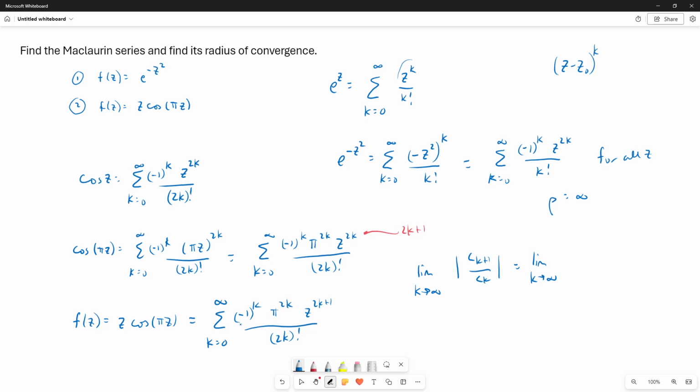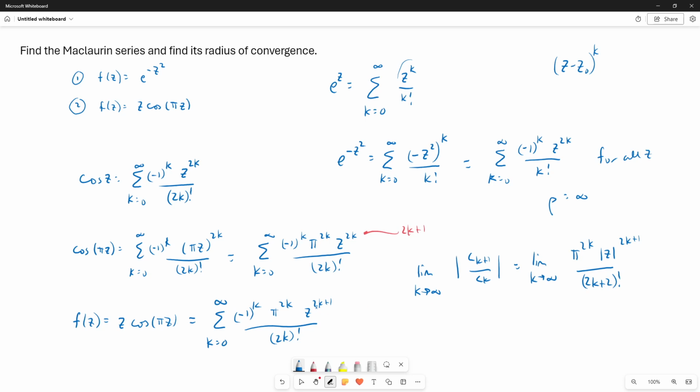So we have the limit as k goes to infinity. The modulus of ck plus 1, the modulus of negative 1 to the k is 1, so I'll ignore that. We have pi to the 2k, modulus of z to the 2k plus 1, divided by 2k plus 2 factorial.